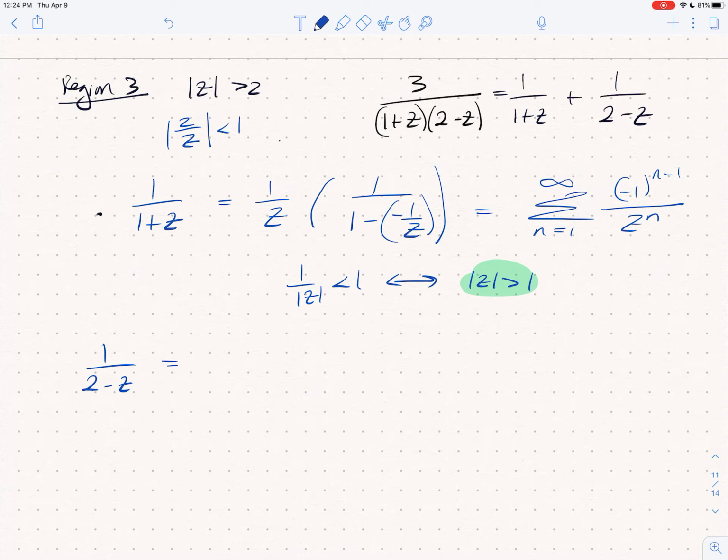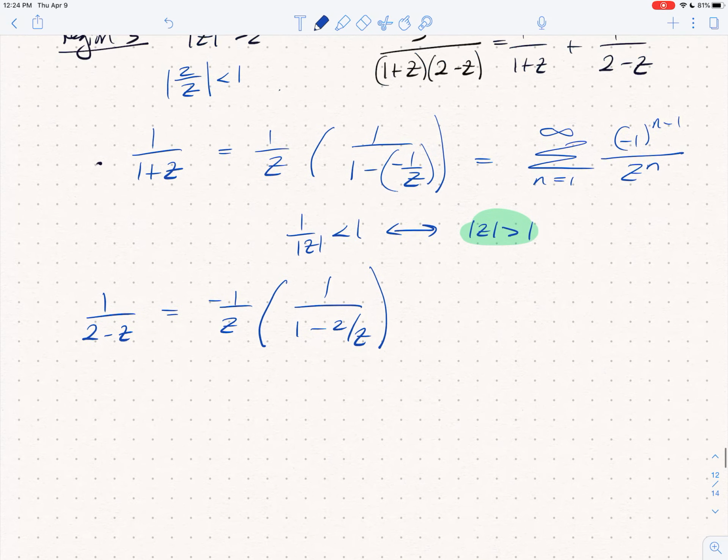I can write this as minus 1 over z times 1 over 1 minus 2 over z. Do we agree with that? And then I'm good to go at this point. I could find a geometric expansion for this because 2 over z is less than 1.